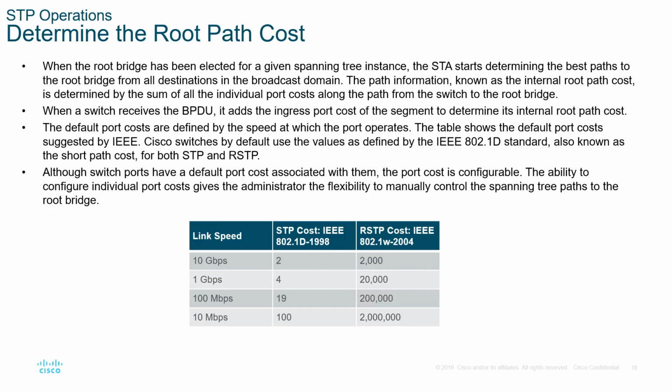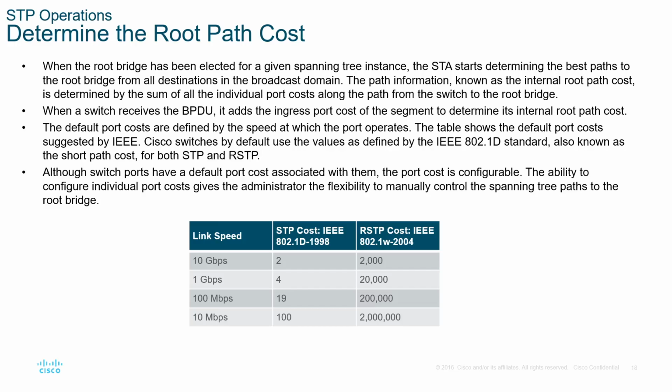The table that is shown in the picture also shows the other path costs for every single one of the different link speeds. The default 1 gigabit per second link speed is defined by a cost of 4 for the spanning tree protocol standard 802.1D, which was the original spanning tree protocol standard.